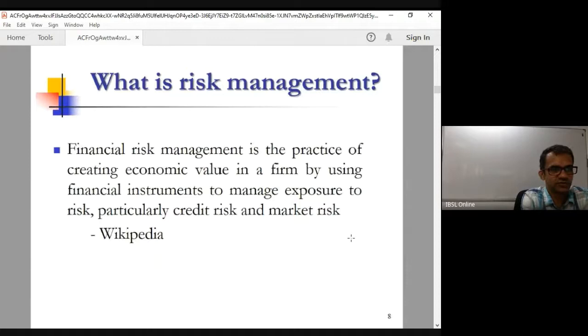When it comes to financial institutions, as I mentioned earlier, market risk and credit risk are the two major risks. Apart from that, liquidity risk is also important when the financial institution is a deposit taking institution, or when you have large obligations.